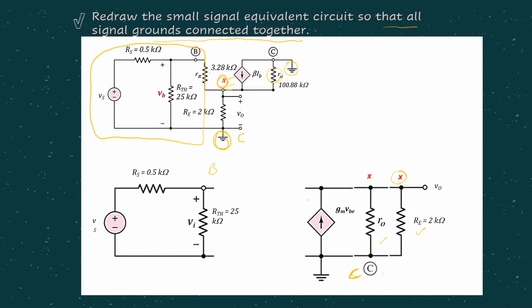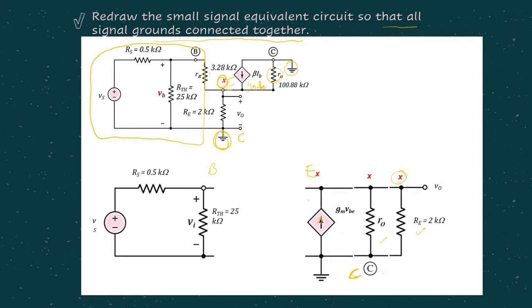Remember, we have this beta IB or GMVBE, just the same thing, but by looking at the arrow we notice that the current is from the collector to the X, or the emitter terminal. So the current is flowing from collector to emitter, so that's why the arrow now is pointing up, because we are bringing the collector to the bottom level.